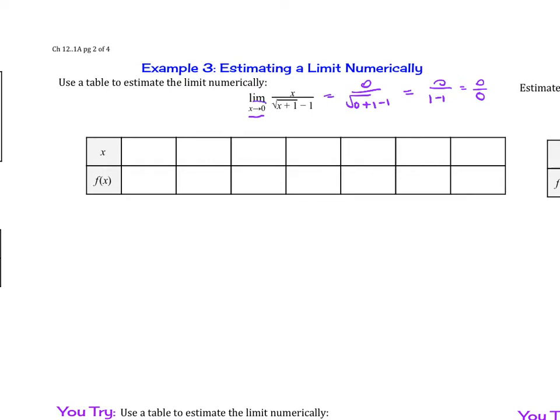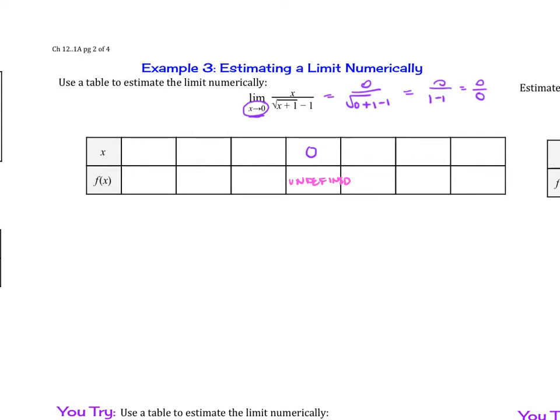It's telling us the limit as x approaches 0, so 0 is the number we're approaching. We already know it is undefined at this point because we get 0 over 0, and that's not allowed. So we're going to pick numbers very close to 0.